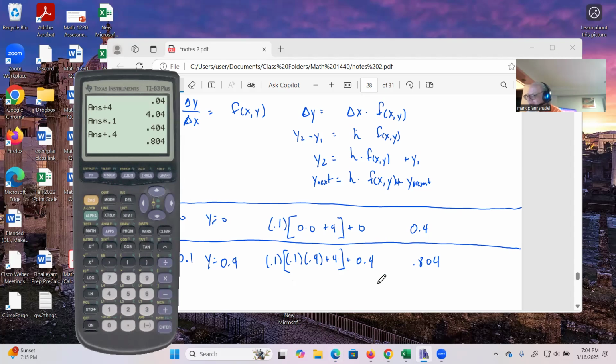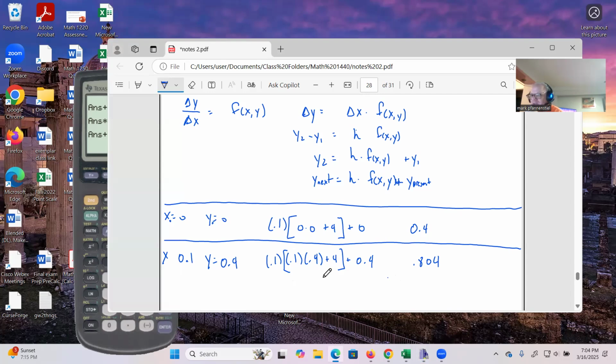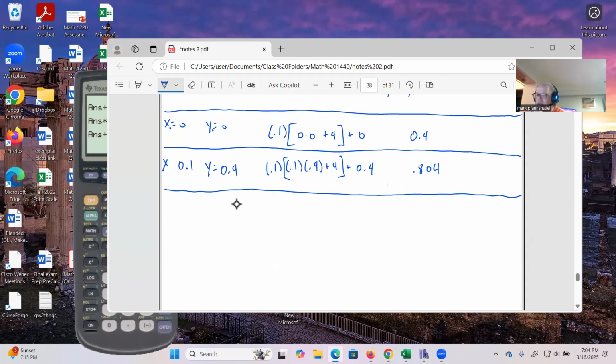Okay, so that's our next y. All right, and now again, we're going to advance the thing one more time and we're going to see what happens. We turn the crank one more notch. So x is equal to 0.1 plus 0.1, so my x value, my x2, is going to be 0.2. My y goes back to being 0.804.